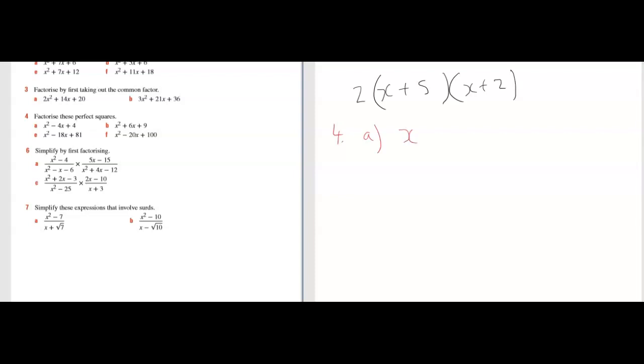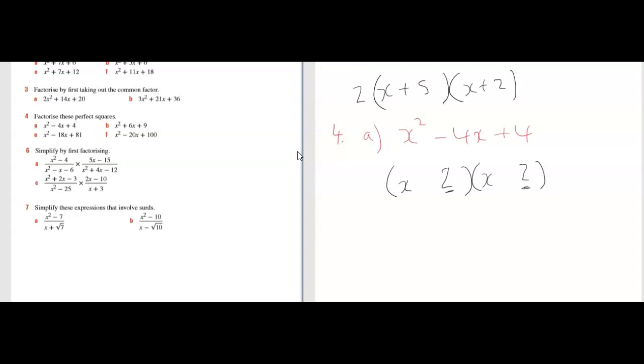All right, so this time we're factorizing using perfect squares. It's kind of hinted to us: if it's a perfect square, that means that when I factorize it, your number here is going to be the same as your number here. That number obviously is going to be 2, because 2 times 2 gives you 4.